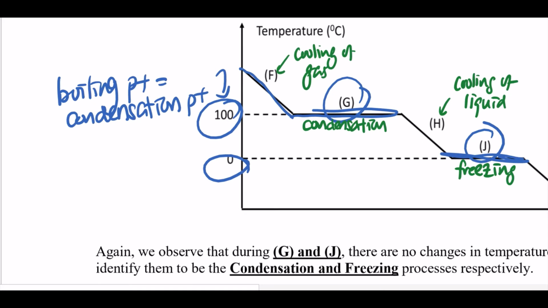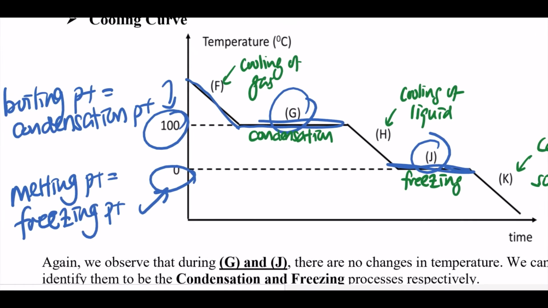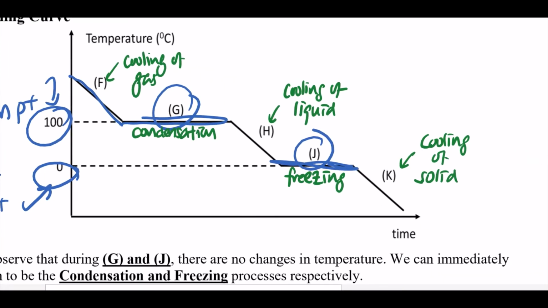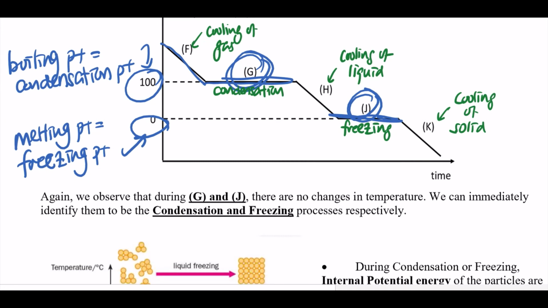On the other hand, the melting point equals the freezing point. For water, in this case, it's 0 degrees Celsius. So during these two special cases, G and J, it is condensation and freezing respectively. During these two points, temperature remains constant for some time.